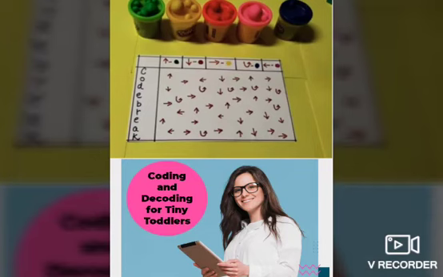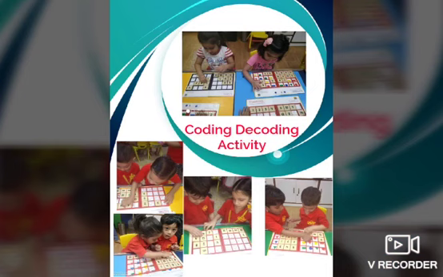We started coding and decoding for our tiny toddlers too. The tiny toddlers were asked to make balls of colorful clay, and they had to put the colorful clay on the upward arrow, backward arrow, downward arrow, and left and rightward arrows. With this they were able to recognize the directions as well as the colors of the clay.